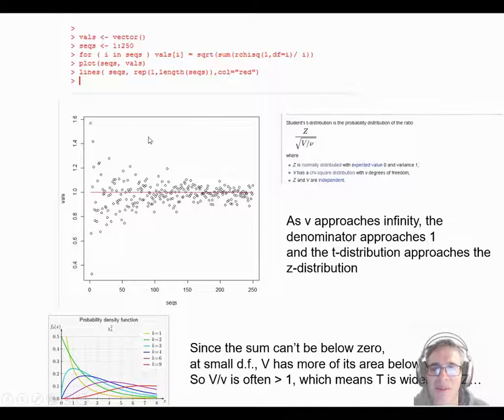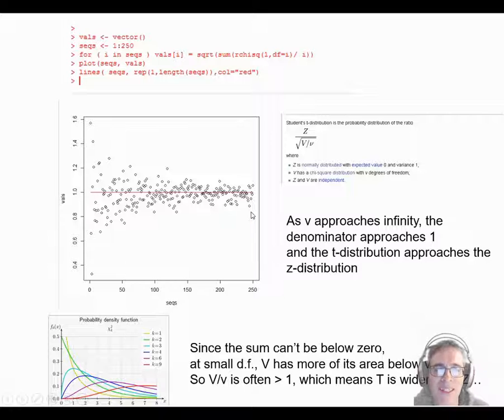So I'm just getting the square root of the sum of squares at different degrees of freedom, divided by i, right? This code is just the denominator that's here, and as i gets bigger, this number approaches 1. And so as the degrees of freedom approaches infinity, the t-distribution approaches the normal distribution.